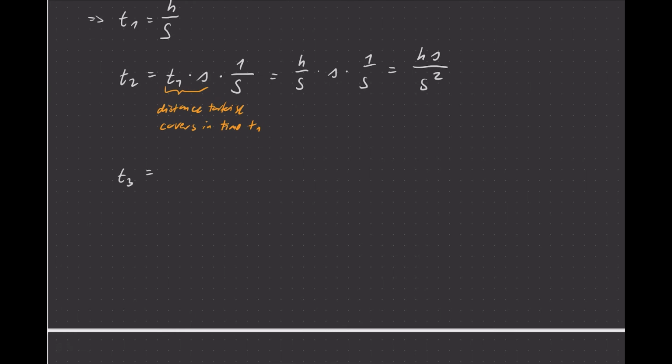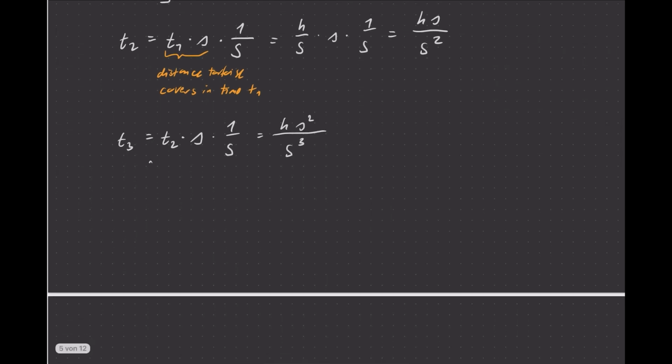And in the same fashion, let's see what T3 is. Of course, again, we need to take the distance that the tortoise covers now in time T2. And that distance is T2 times small s. And again, Achilles needs this distance over capital S time to cover that same distance. So with T2 being hs over capital S squared, we now have hs squared over capital S to the power of 3.